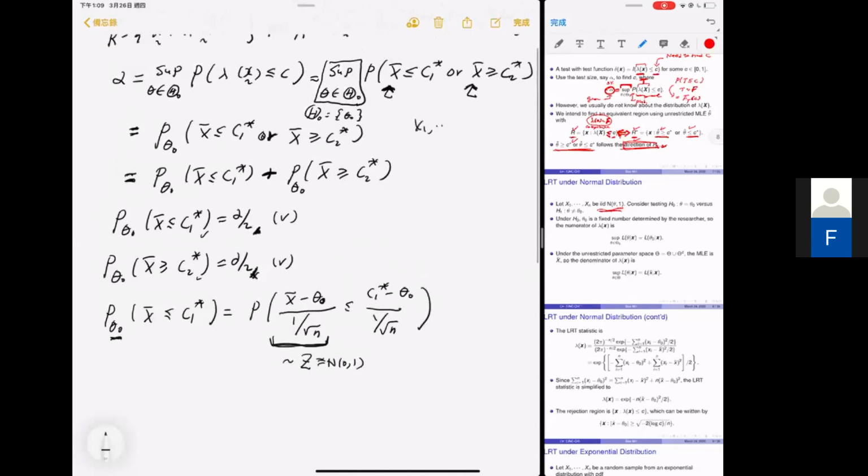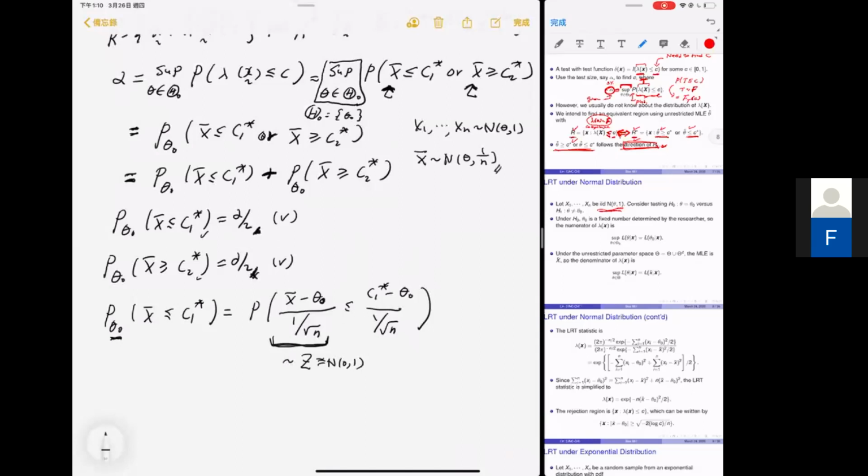Remember X1 to Xn follow normal theta, 1, our initial example. That means X bar follows normal theta, 1 over n. You need to know that already.